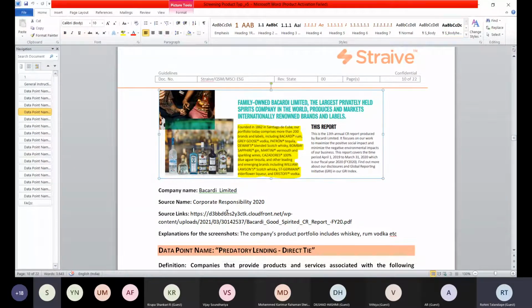So like this, you have to search with the keywords, whether they are producing it or just selling it. You have to make that difference. If they are producing it, you have to mark it as yes. If they are just selling it, then you have to mark it as no. And if you are not getting any result for any of the keywords, then you have to mark it as not reported.